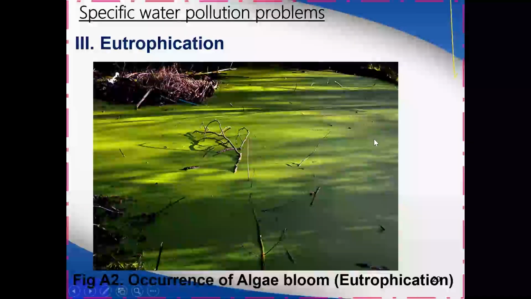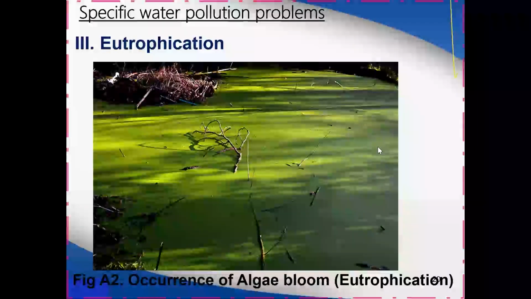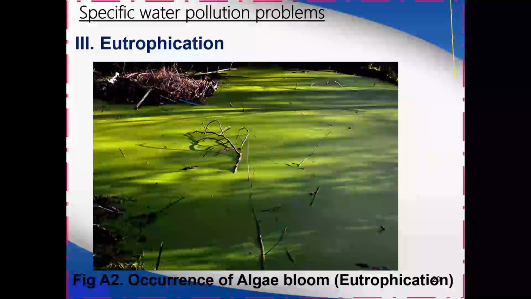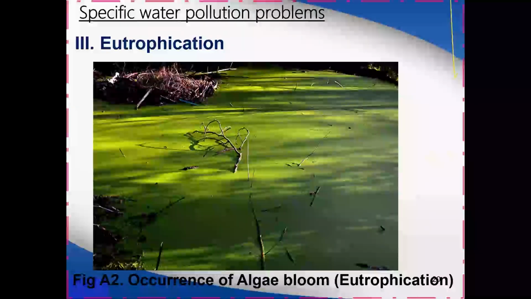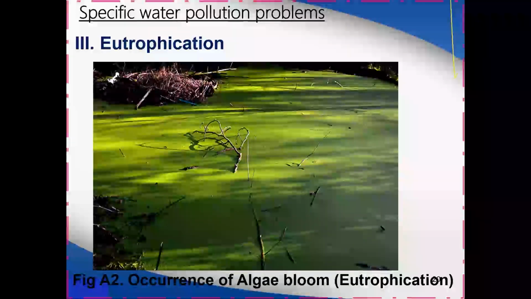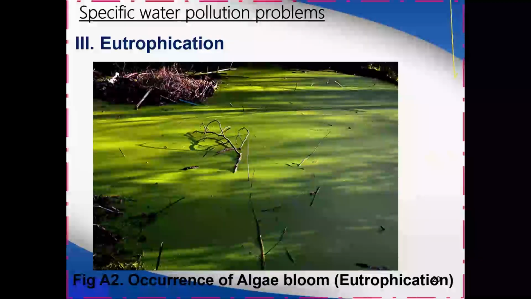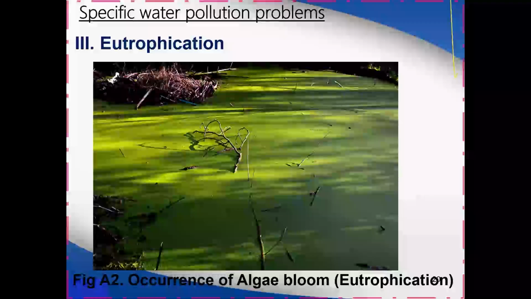Now, this is a picture of the algal bloom. You see this, and this affects so many other things apart from the nutrient side where there's algal bloom. There are leaves that cover the surface of the water, and the organisms in there need sunlight. They need the water air contact to get oxygen in there.